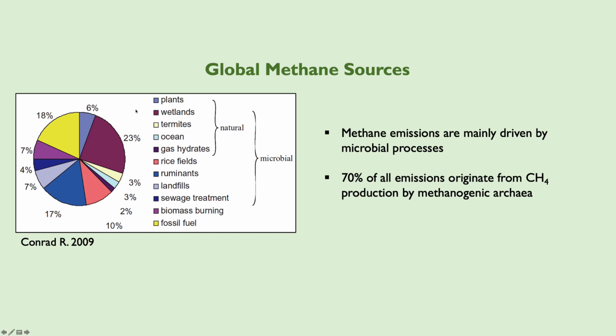And we can see here that everything from wetlands, which is purple, all the way down to sewage treatment here, which is blue, all of these are microbial-driven processes. So about 70% of all methane emissions are produced by what are known as methanogenic archaea, or methanogens. And so we're going to talk a little bit more about these methanogenic archaea, or these methanogens that produce methane.